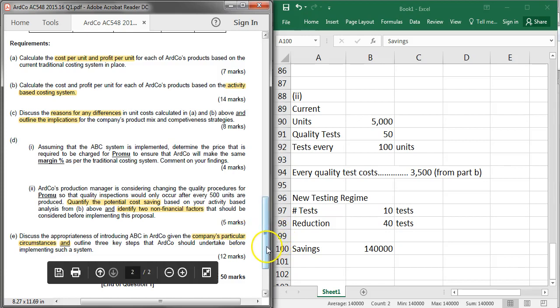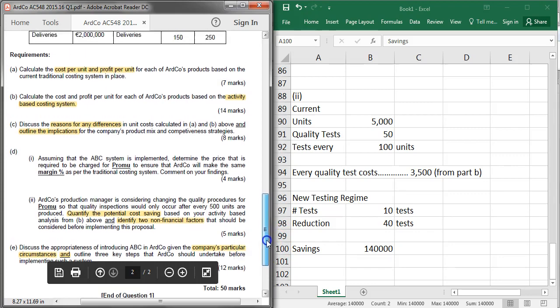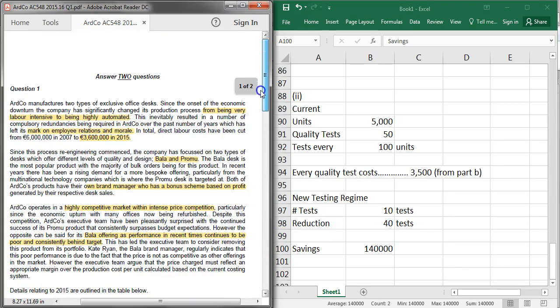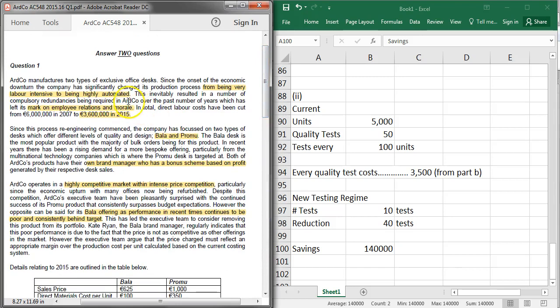Now, I'll leave you to have a look at this in the solution, but some of the key things I'm looking at is, is ArdCo suitable for ABC? Well, the first thing is, it's gone highly automated now with a significant amount of overheads. So when you have a lot of overheads and you have a lot of automated processes, it suggests that ABC is important to allocate those overheads clearly. Likewise, you're told here that they're highly competitive in an intense price competition industry on the market. That means accurate product costing is important.